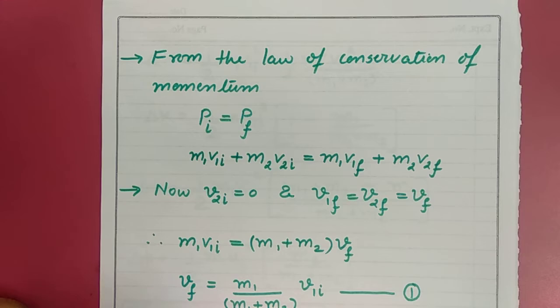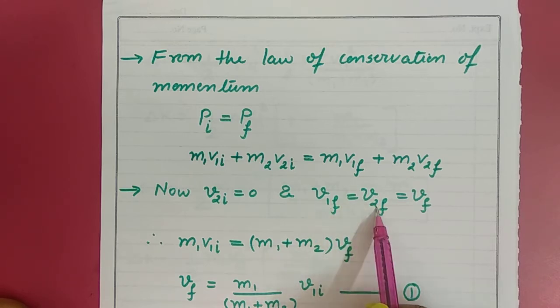Now both the balls are moving together as theta 1 and theta 2 were 0. If both the balls after collision are moving together, then the final velocity of ball 1 and the final velocity of ball 2 are going to be equal.